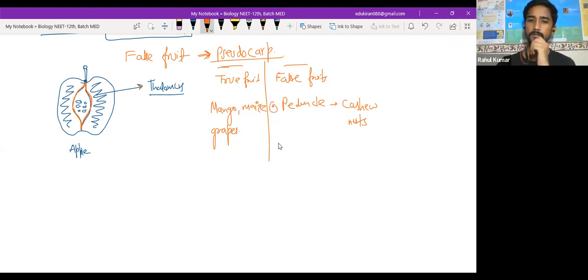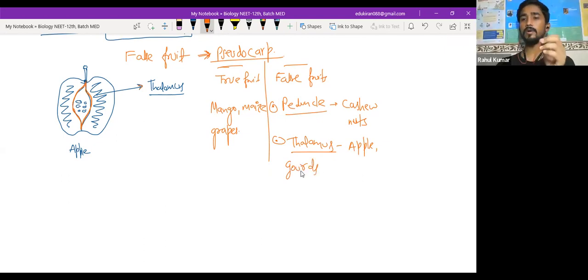And then the most common false fruits that we know arise from the thalamus. This is very common and has been asked multiple times. In this comes apple, and what else did I tell you? Strawberry.